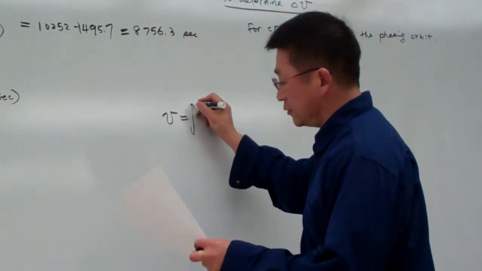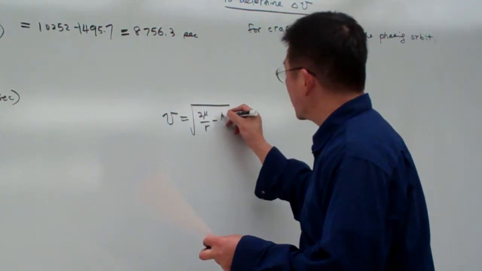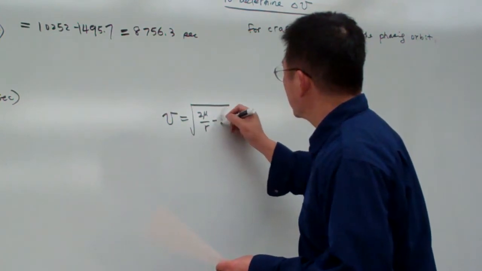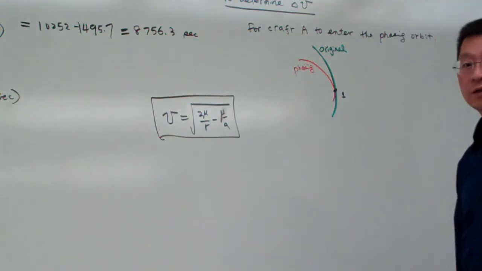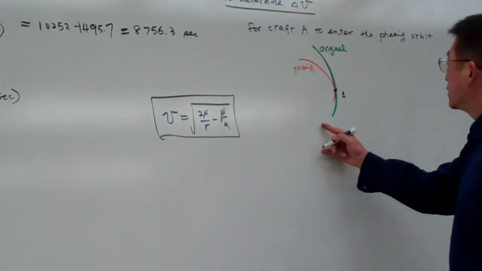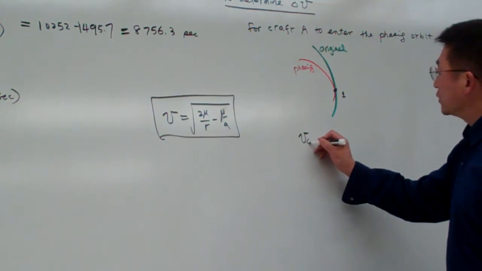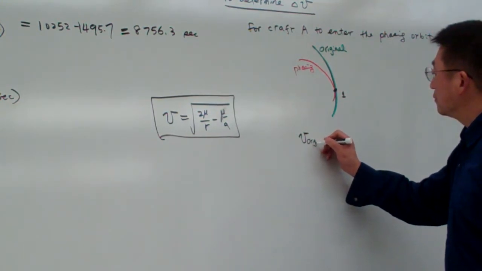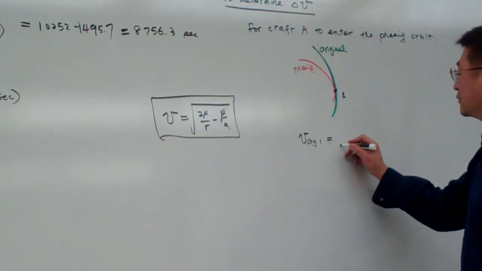V equals the square root of 2 mu over r minus mu over a. We copy this from the previous example. I'm going to base it on this one and apply. So for V on the original orbit at point 1, we can determine its velocity.